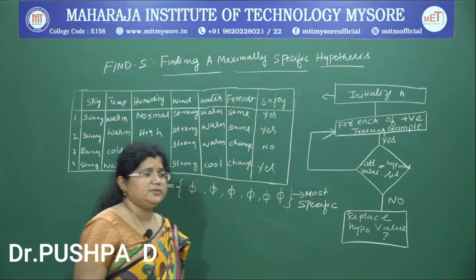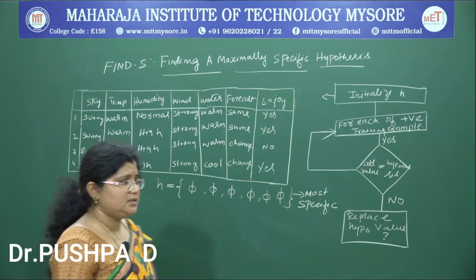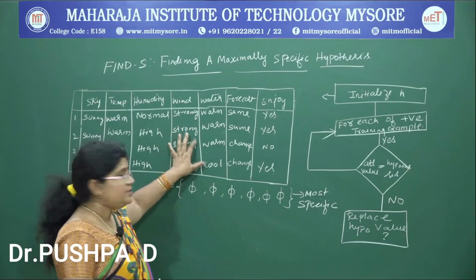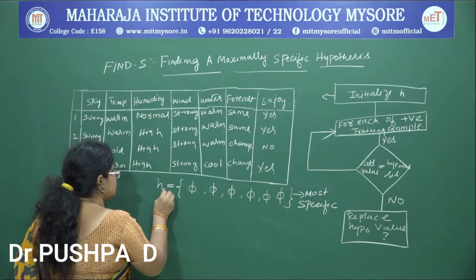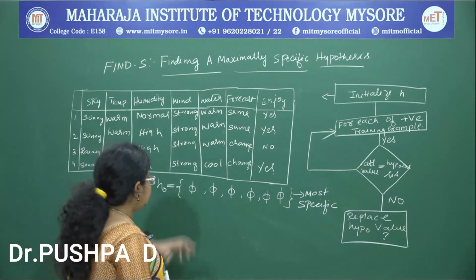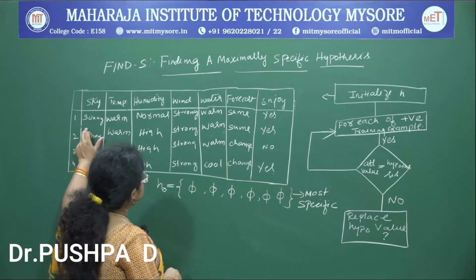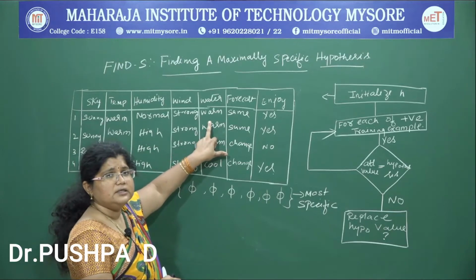This has got initialized with the most specific hypothesis. The next step is, now moving on to the data set, we should compare the hypothesis. For example, let us consider this is H naught. H naught hypothesis will be compared with the first training example of a data set.